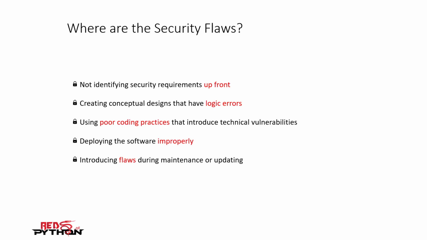Going next, so where are the current security flaws? Well, it is throughout the software development life cycle. In a nutshell, many people don't identify security requirements upfront. They roll up their sleeves and start developing without taking security into consideration. Many people create some conceptual designs and logic errors during the coding.